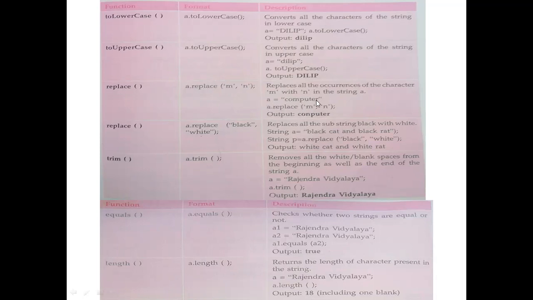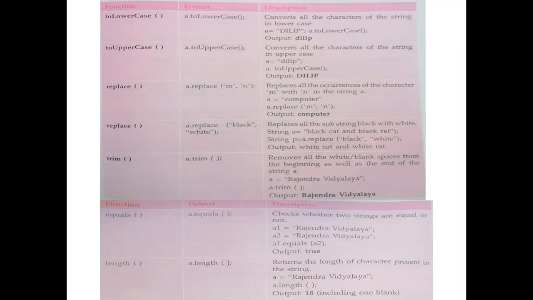A has computer in it, right? When I say a dot replace m comma n, wherever m is there, make it as n. See, it has become computer. That is the replace function. They can ask for the output like this in Section A, so you must be thorough with all these functions.